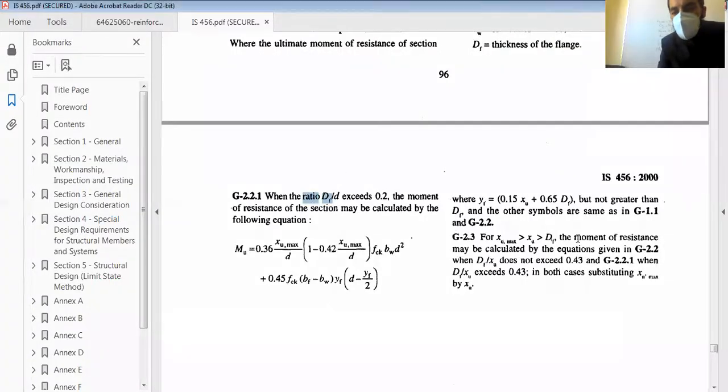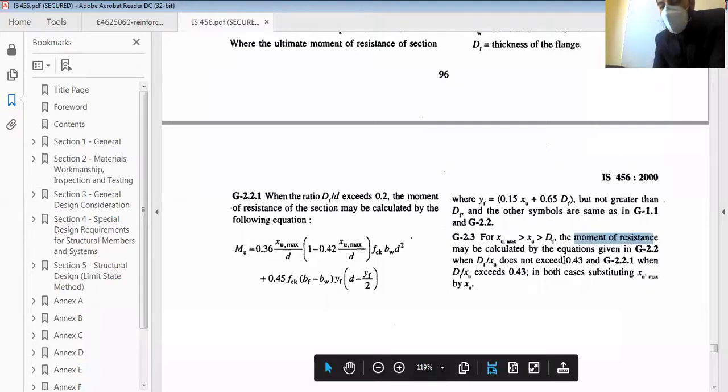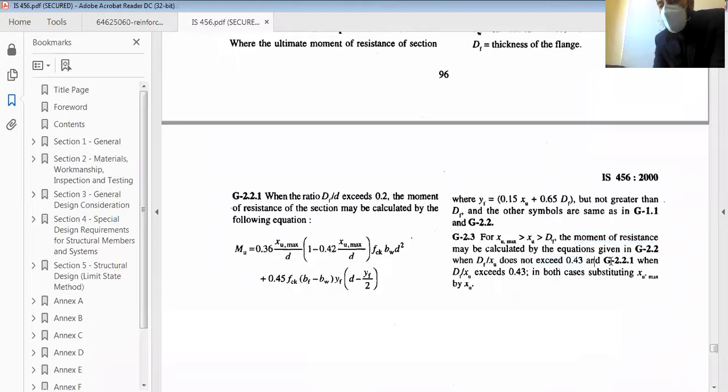The moment of resistance may be calculated when your XU max is greater than XU, and XU is greater than DF, which is the condition arising here. The moment of resistance may be calculated by the equation given in G 2.2 when DF by XU does not exceed 0.43. Now at this moment we don't know the actual value of XU.